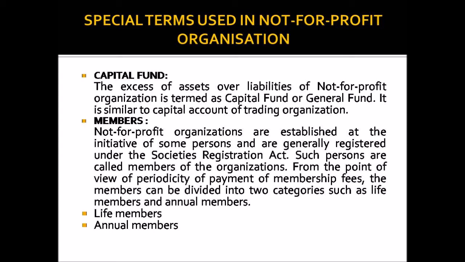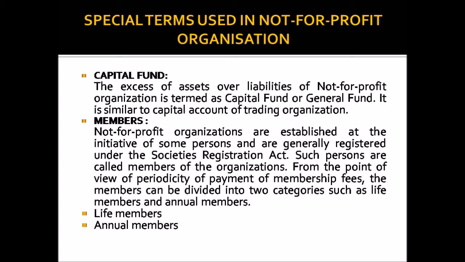Now these members pay to the organization on a regular basis, and with that money the organization does many kinds of work. Maybe for its members it organizes events, maybe it does service, it benefits the society. So various kinds of events are organized. But who are they? The members are those persons who are associated or registered under that particular organization.